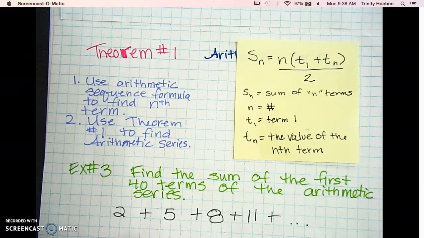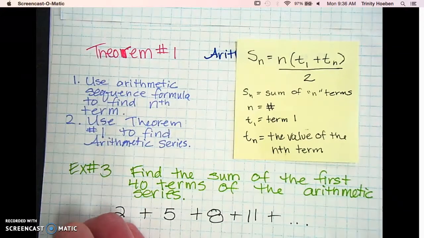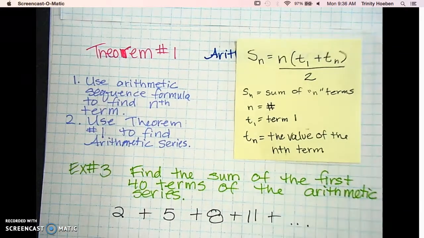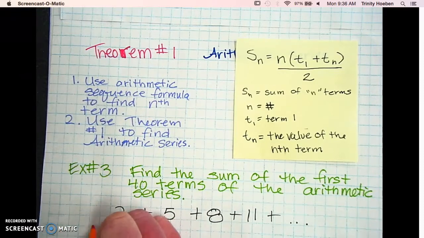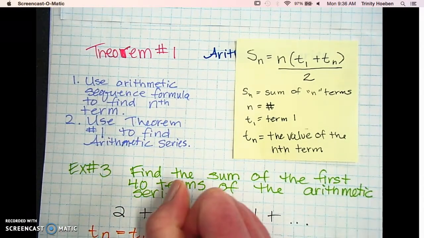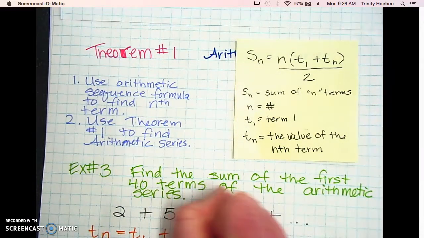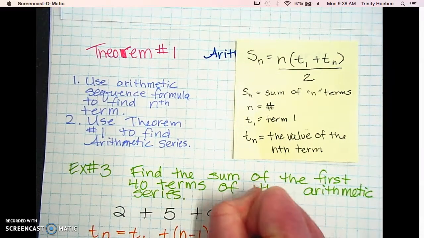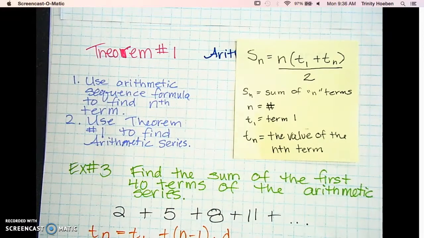Okay, so we're going to do step number 1, which says to use the arithmetic sequence formula first, which was T sub n equals the first number in the series plus your n minus 1, times whatever the D is.